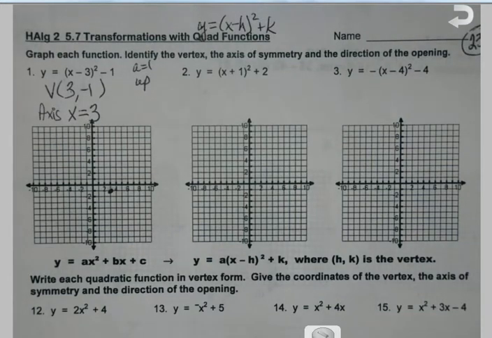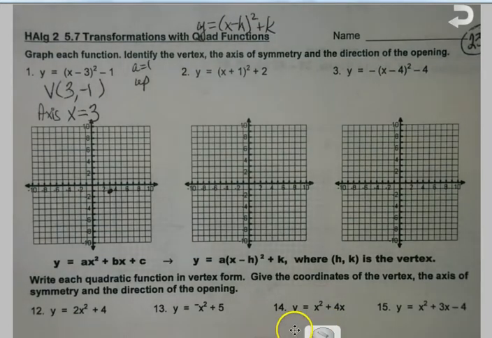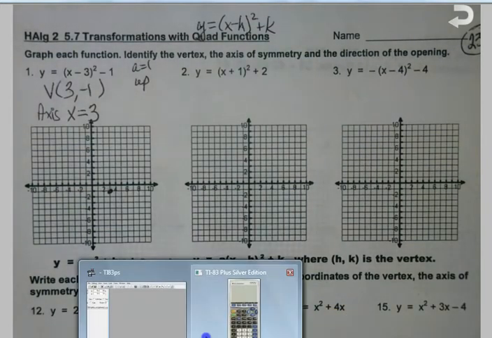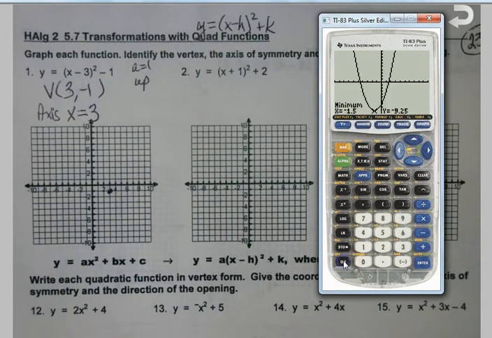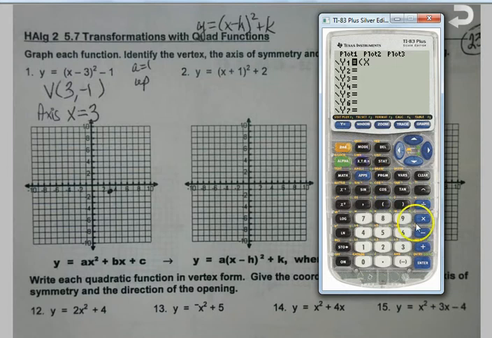And when it comes to actually graphing it, I don't care which option you go with. It might be different depending on what tools you have and what's available to you. I can punch it into the calculator if I wanted to.